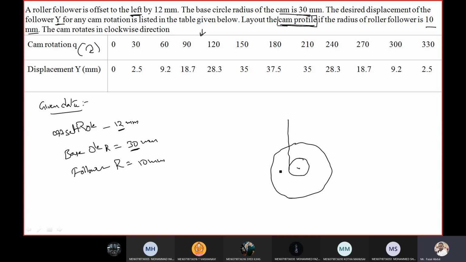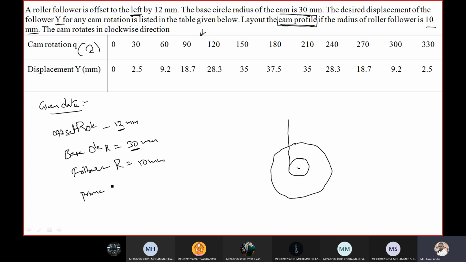Now what is the next step? We need to construct the prime circle.